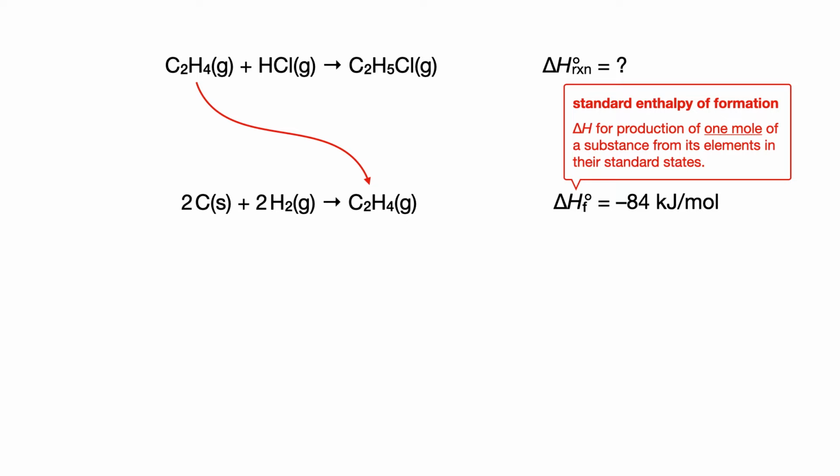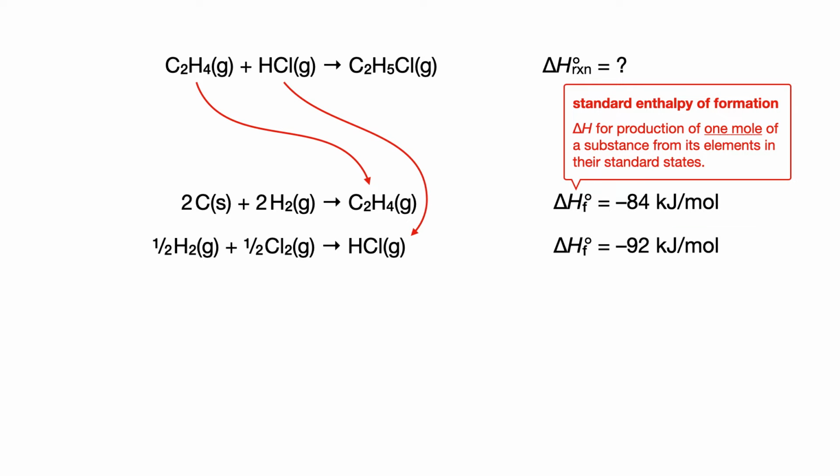And we can write down similar reactions for the formation of hydrogen chloride from its elements, hydrogen and chlorine. And notice that since we are forming 1 mole of the substance, hydrogen chloride, the elements that go into that are going to be half a mole of H2 and half a mole of Cl2.